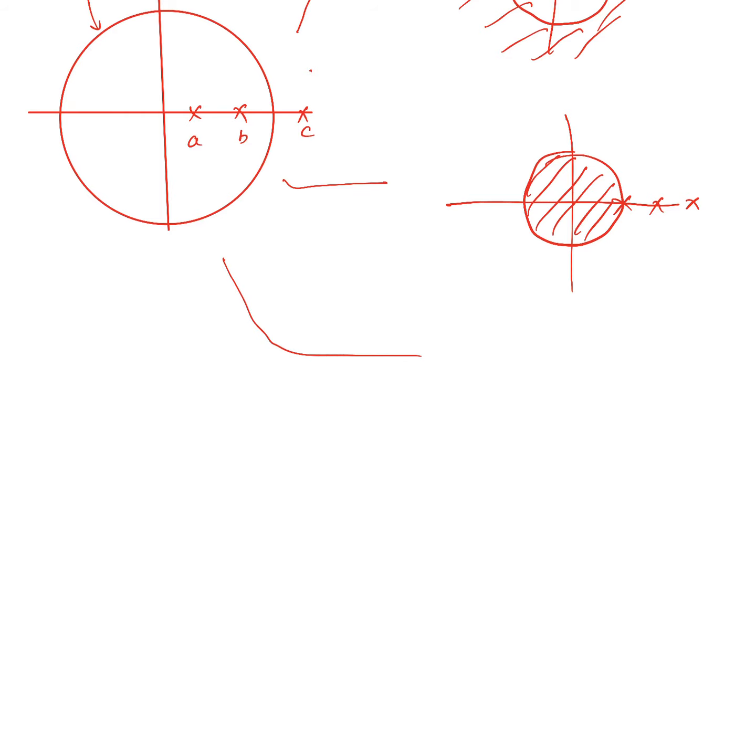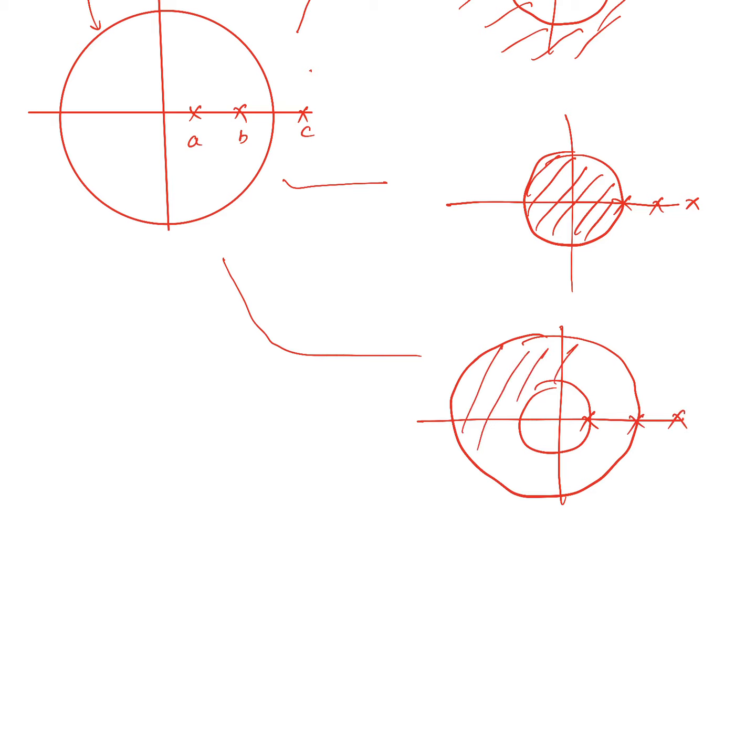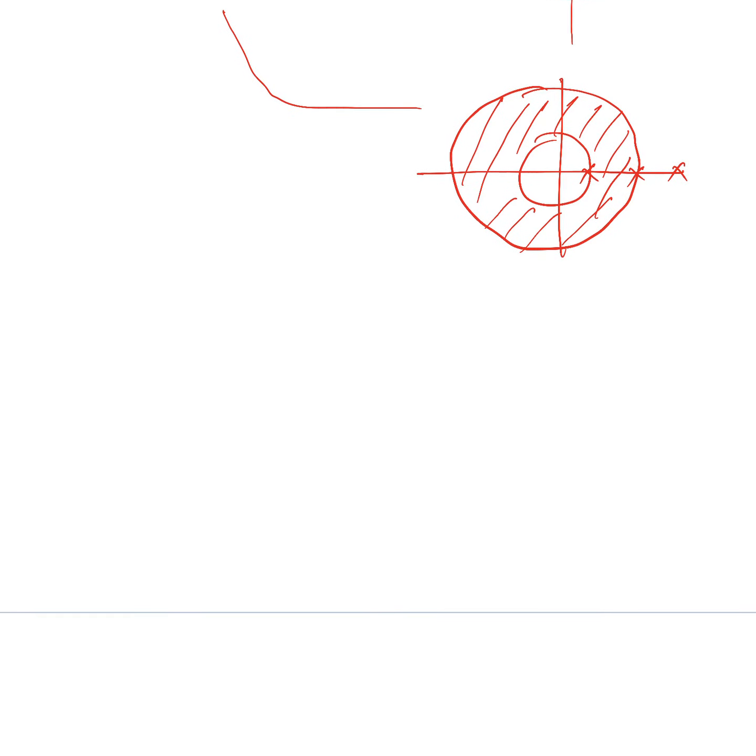The third case could be a ring, with A, B and C. So the ROC is this region where you have mod z lying between A and B. And this was for the two-sided sequence.